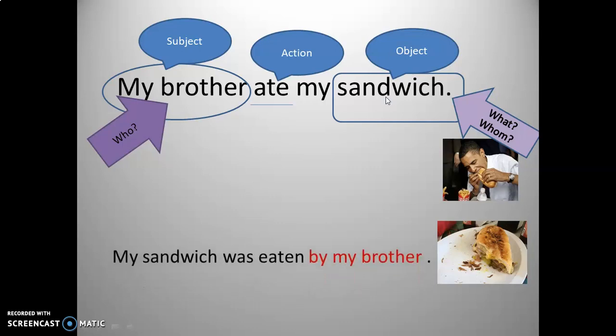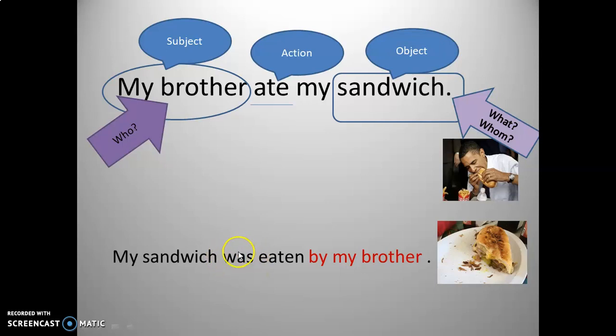Let's read the other sentence. My sandwich was eaten by my brother. So this one is a passive sentence because I use passive voice. How did I change the active one into a passive one? First, I moved the object to be as a subject in the passive sentence. Then, I added verb to be, which is was.